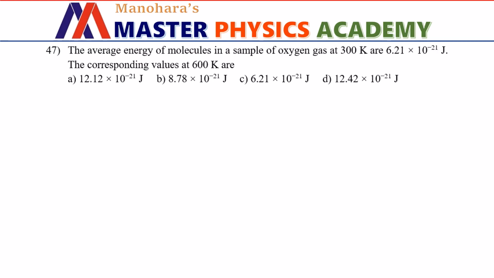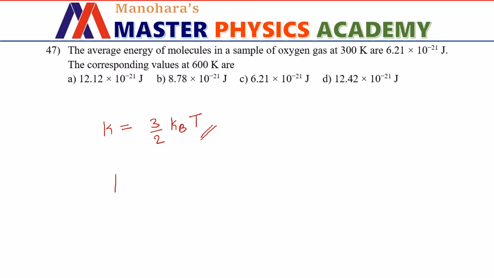The average energy of molecules in a sample of oxygen gas at 300 Kelvin is 6.21 into 10 to the power minus 21 joules. The corresponding value at 600 Kelvin is asked. The average kinetic energy of the molecule in any sample is given by 3 by 2 kBT, where kB is Boltzmann constant and T is absolute temperature of the given gas.